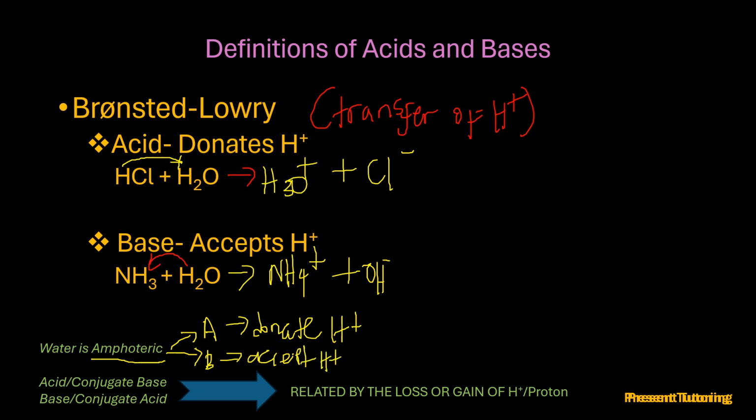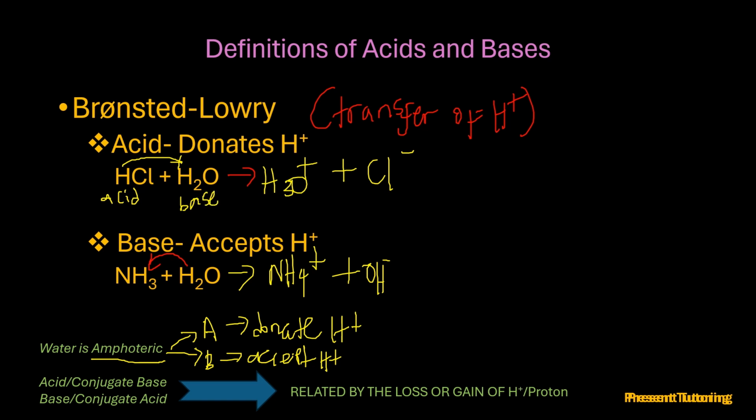So in the case of looking at the Bronsted-Lowry acid, HCl reacted with H2O. And so H2O did gain a hydrogen and became H3O+. So in this case, we're seeing how HCl is an acid, and then H2O was a base in this case.